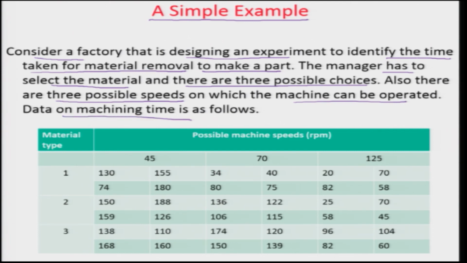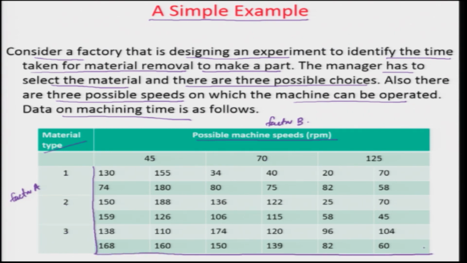So, data on the machining time is as follows. The machining speeds are available right here and the material types are available right here. Let us call this factor A and this factor B. Factor A has 3 material types, 1, 2 and 3, and the machine speed you can think of as 45, 70 and 125, the 3 levels of RPM. The values in between are the observations.